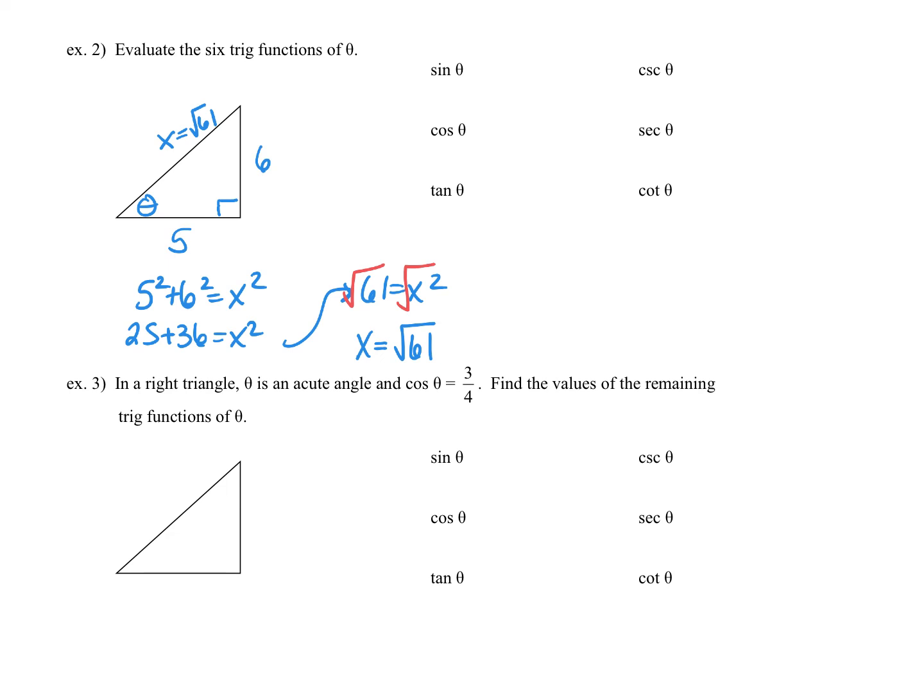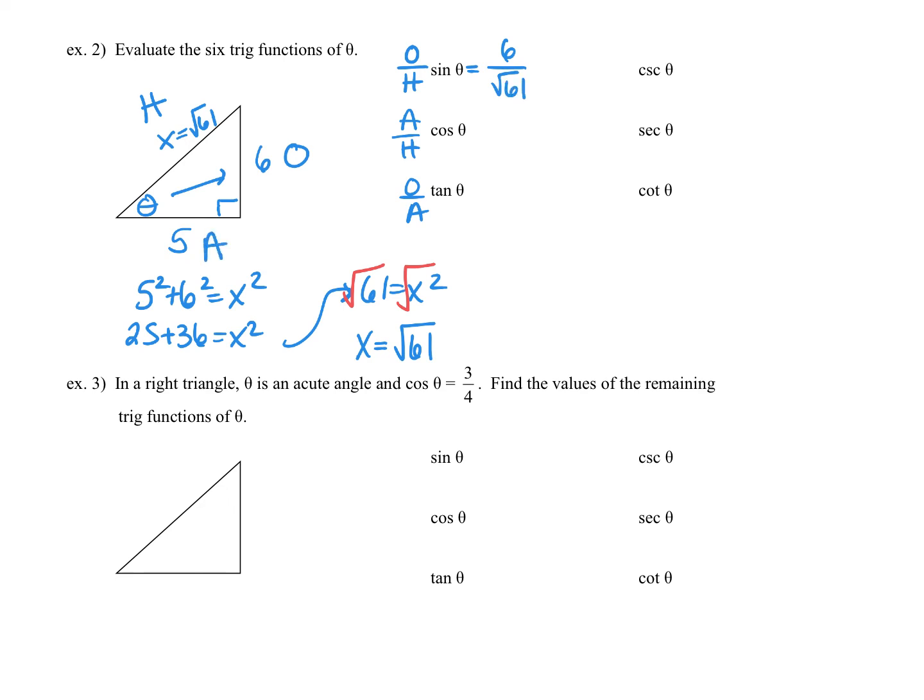Now that I have all three sides of the triangle, I'm going to fill in my SOHCAHTOA. So sine is opposite over hypotenuse, so 6 over square root of 61.